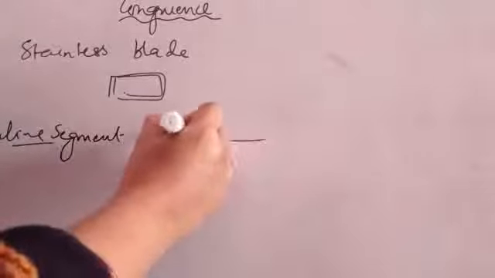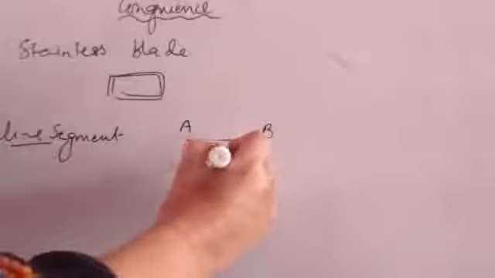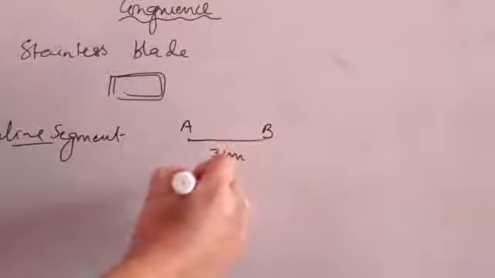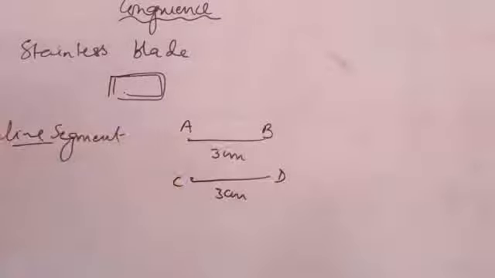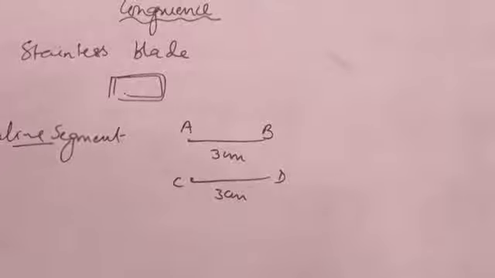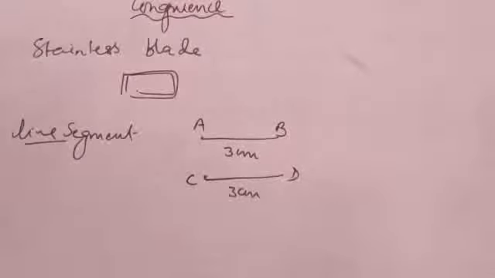Let us take a line segment AB of 3 centimeters and another CD again of 3 centimeters. Now if you keep these two lines over each other, would you feel that they are one? Yes. And when you keep such figures over each other and they appear to be one, such figures are known as congruent figures.